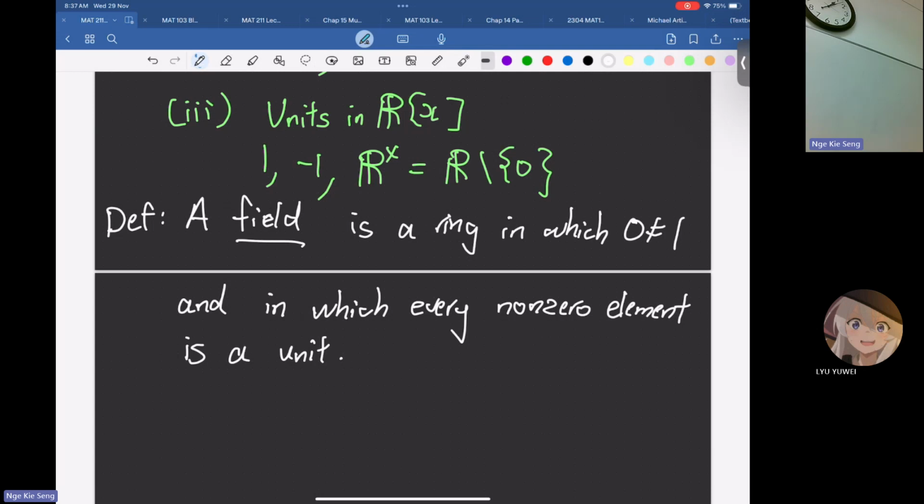So every ring you can do this process: take a ring, invert all the non-zero elements, and then take the additive and multiplicative closure, and you will get a field. This is what we call a fraction field. This is how you get your rational numbers. I'll give you some idea; later we will talk about it in more detail.